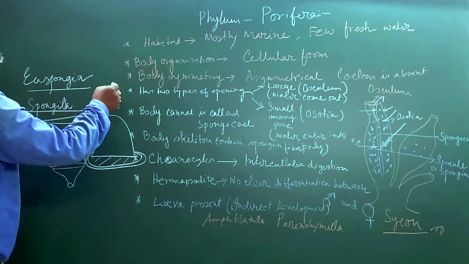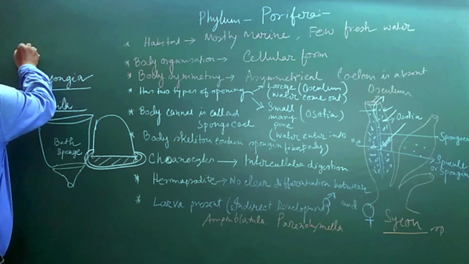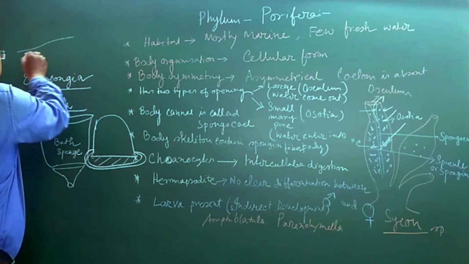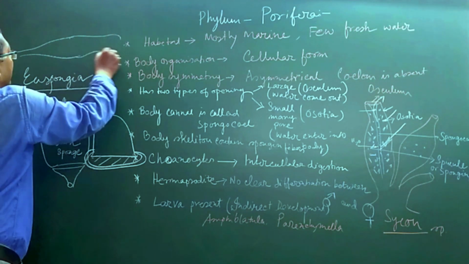Another is Spongilla, which has a very irregular shape.